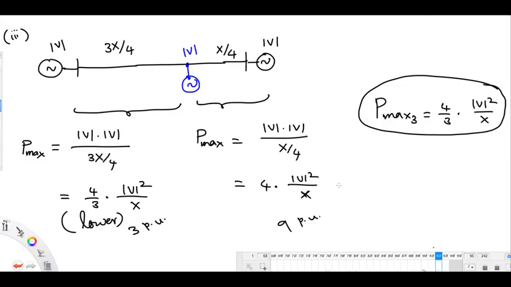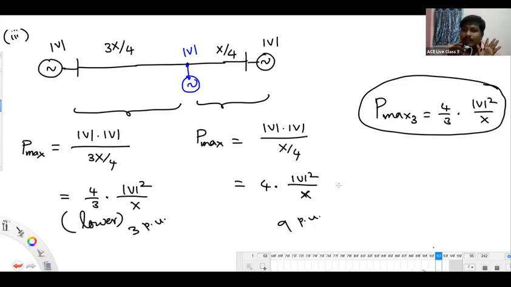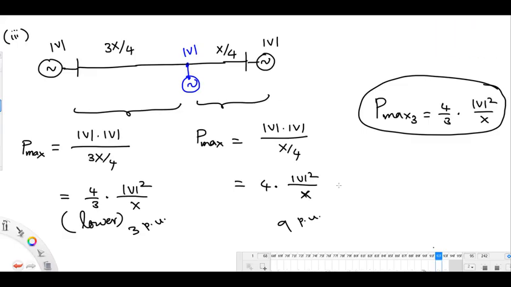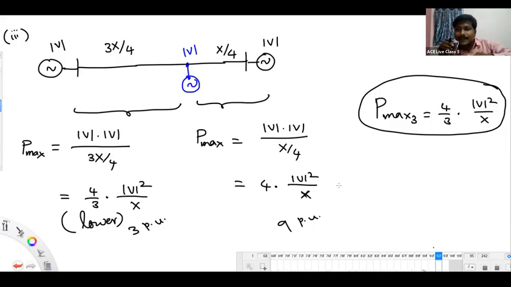Yes, sir. How do you say the system is stable or unstable? Depending on dP by d delta only. At the point where you are standing, if dP by d delta is very, very high, the meaning is that the system is capable of accepting small disturbances. After accepting it, it is capable of coming back to stable mode. Yes, sir. So if we have that highest value, then we can say system stability is more under steady state. Okay, sir.